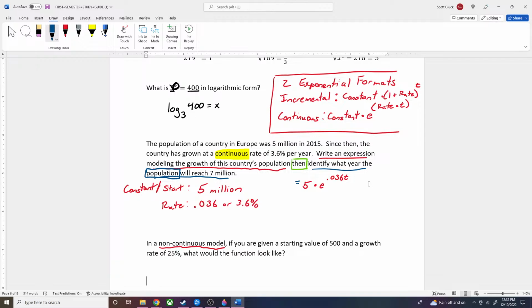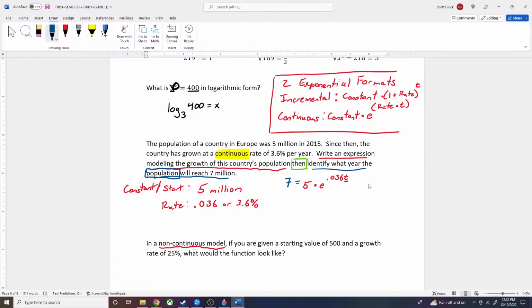So what we're going to do is set this entire equation equal to 7. And that gives us all the tools we need to solve it, because now we only have one unknown. We have one variable.